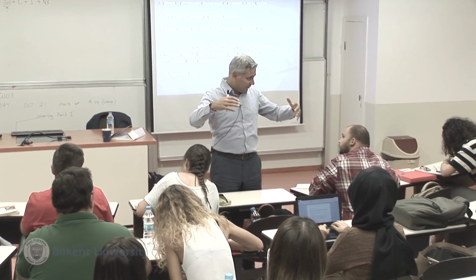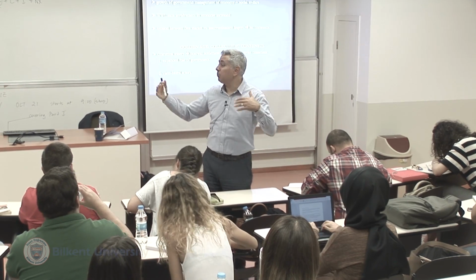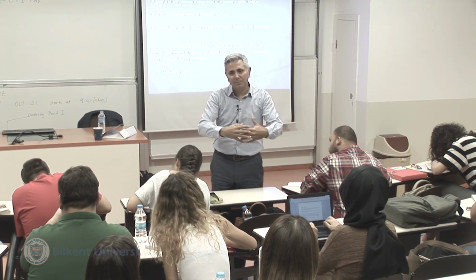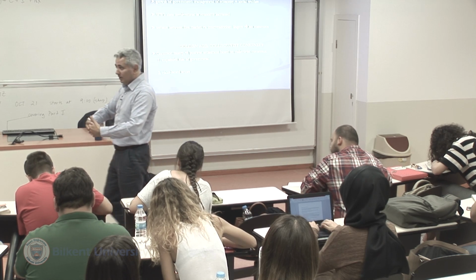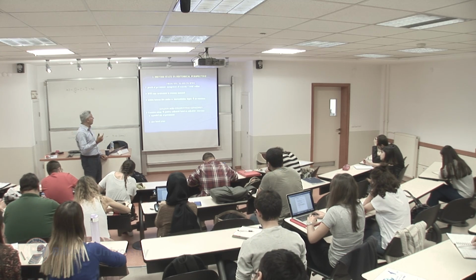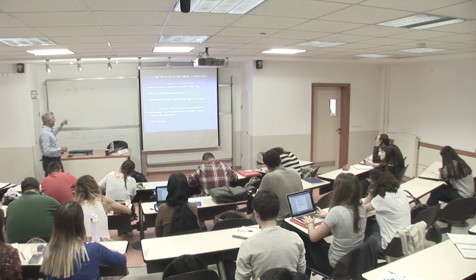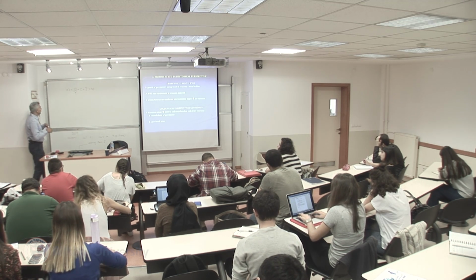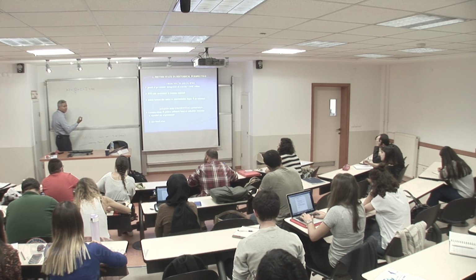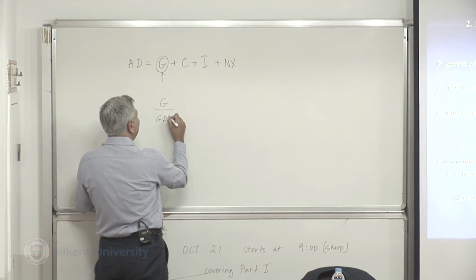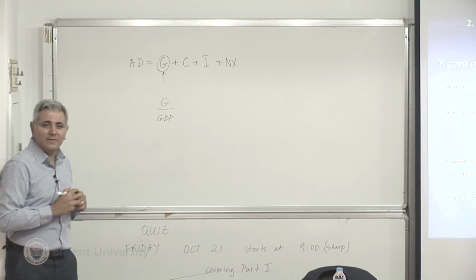So I want to keep exports of capital. Okay? So I want to keep them inside my country. So I want to use your resources. So all kinds of war efforts mean that G as a share of all income increases. So G as a share of GDP increases.